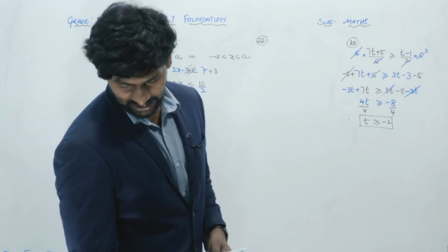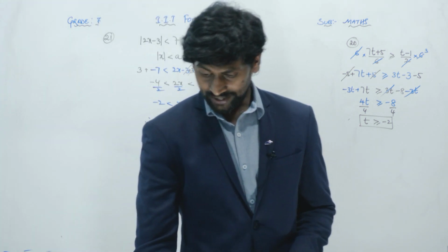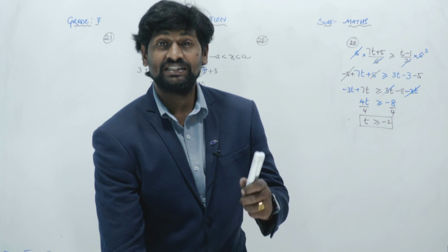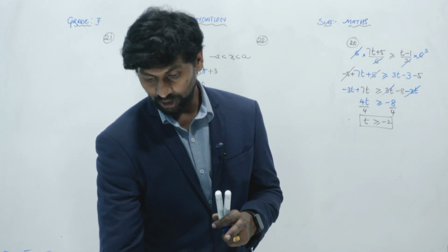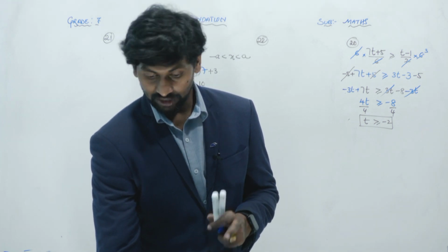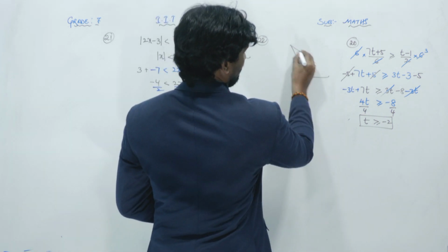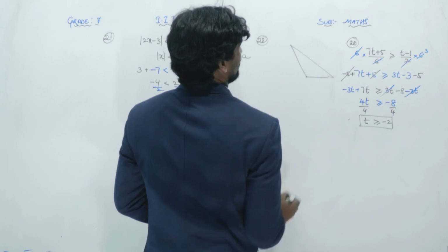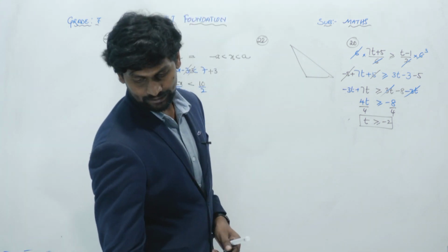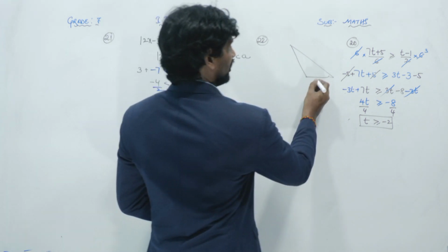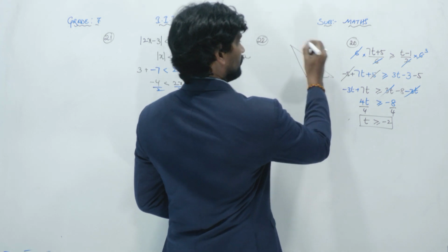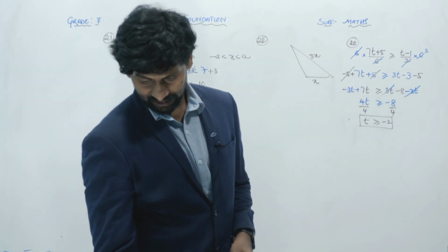The 22nd one is given that the longest side of a triangle is 3 times the shortest side. So let me take the triangle like this: the longest side is 3 times the shortest side. Okay, shortest side x, longest side will be 3x.